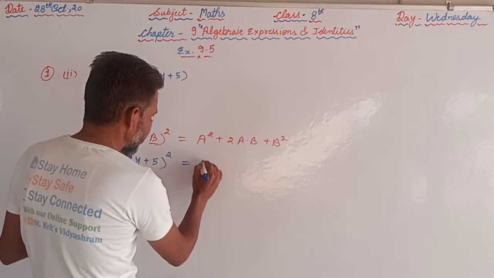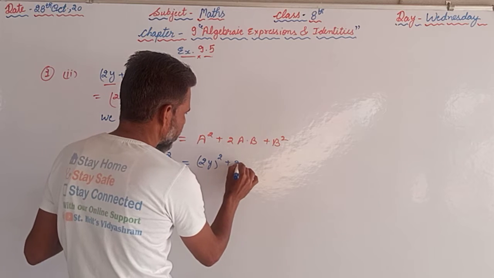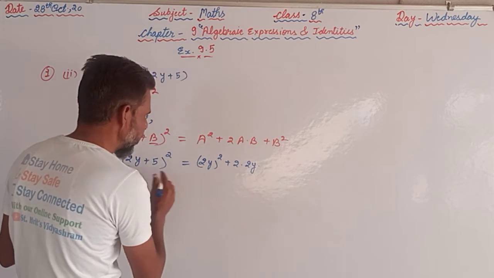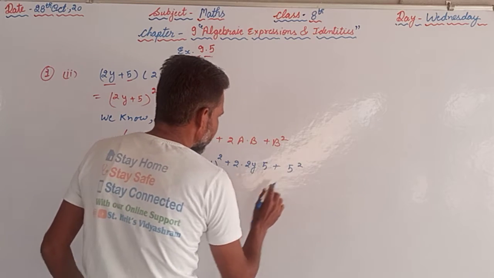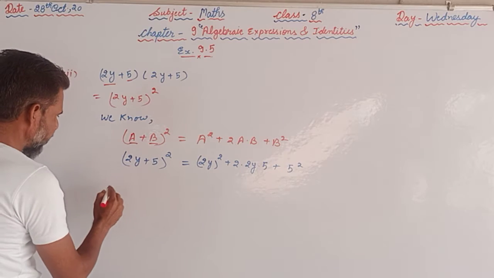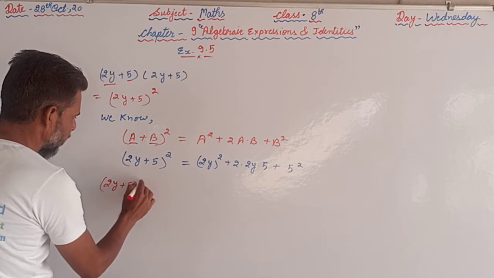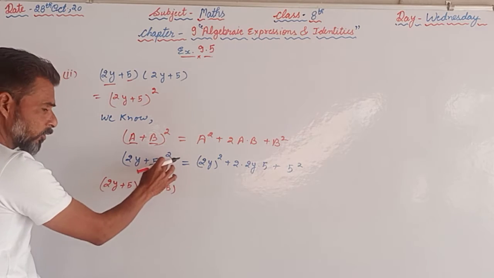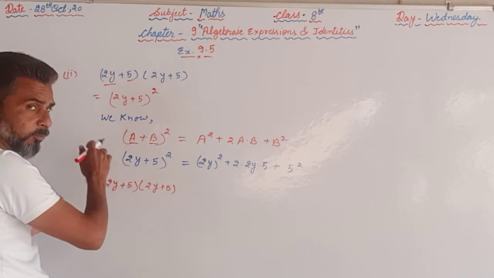So in place of a we will write 2y plus 2 into, in place of a 2y, and in place of b we will write 5, and in place of b here we will write 5. That is the question we are supposed to solve.